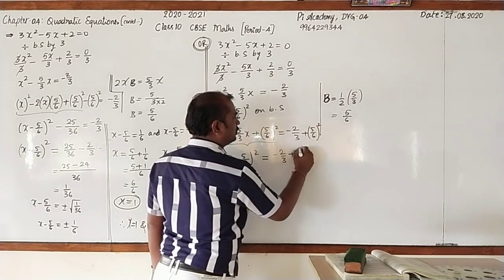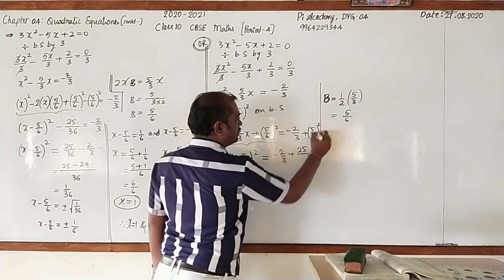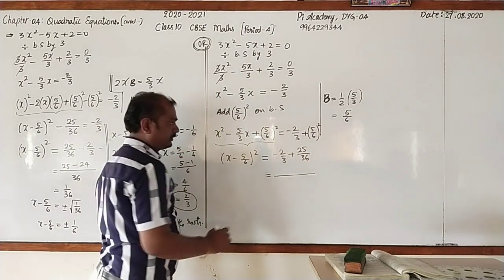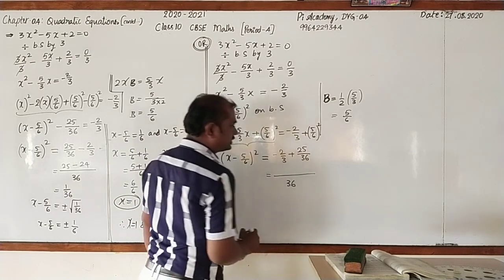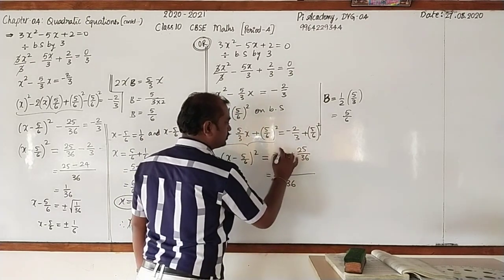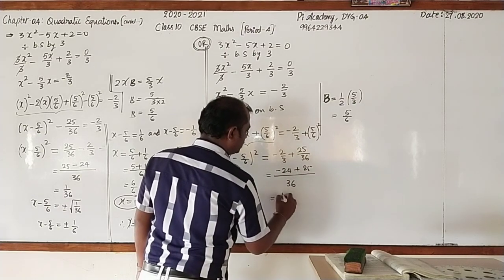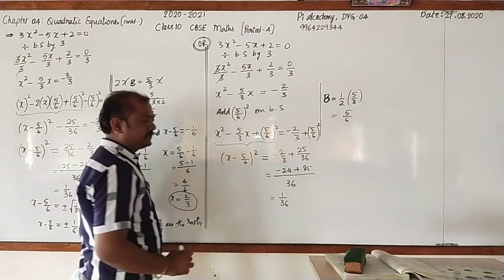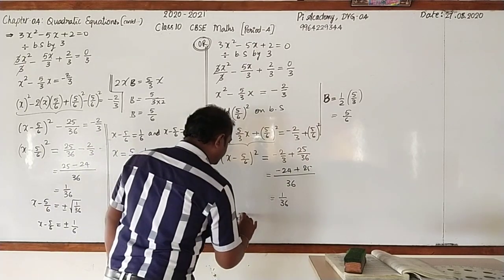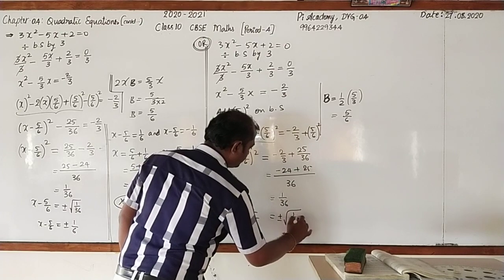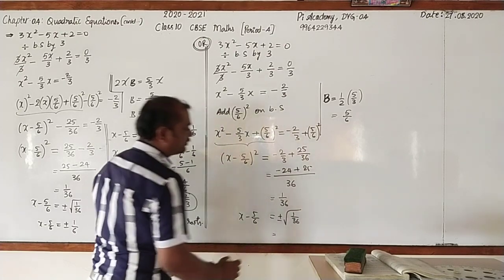Apply square to both. 5 square is 25, 6 square is 36. Take LCM. LCM is 36. Multiply. It is 24 plus 25... it is 1 by 36. Then x minus 5 by 6 is equal to plus or minus the square root of 1 by 36.